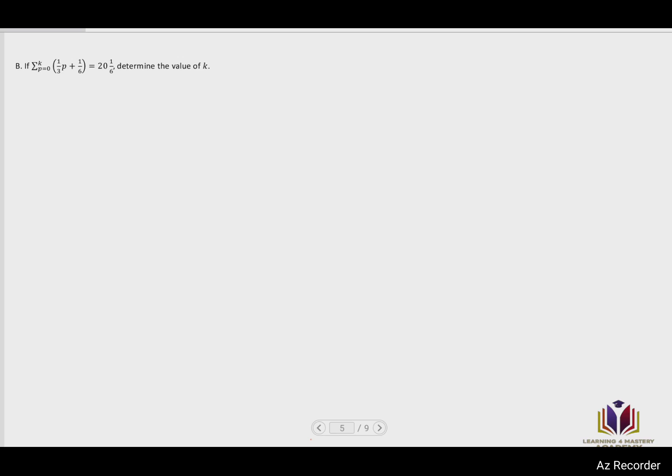And now we're going to take a look at question B. Question B is sigma notation. So it reads as follows. If the following sigma that is given, determine the value of k. Okay, so before we start working this out, let's outline a couple of things.